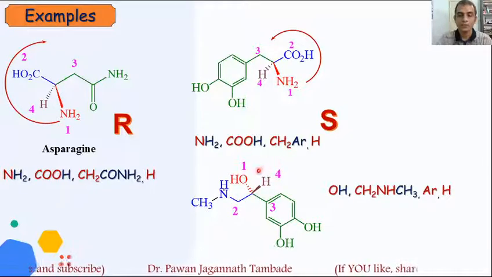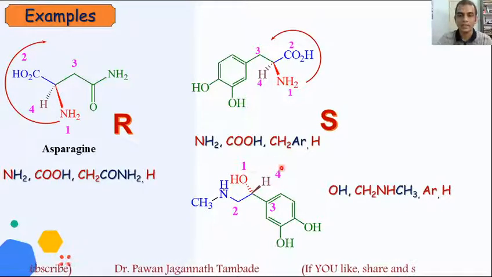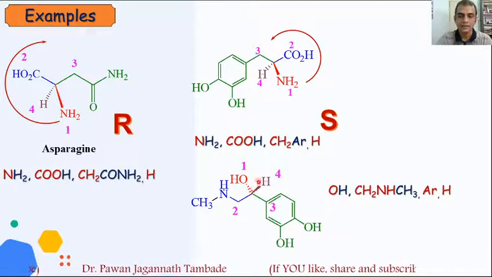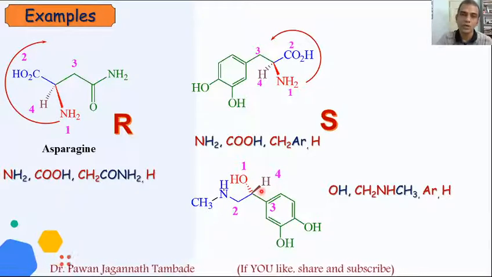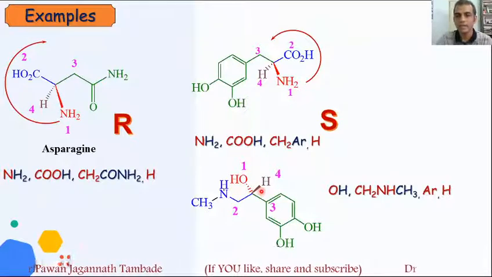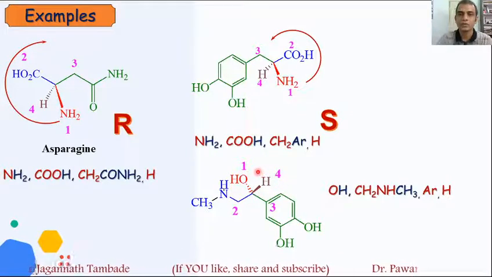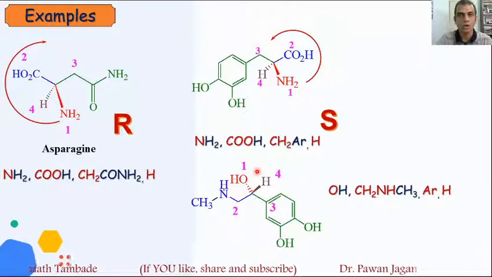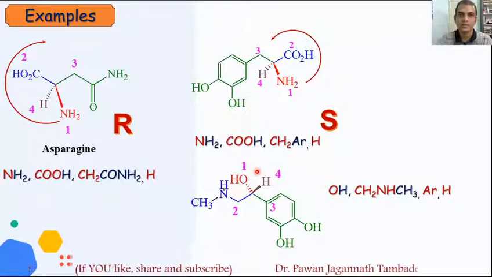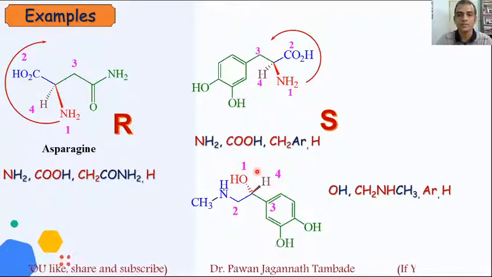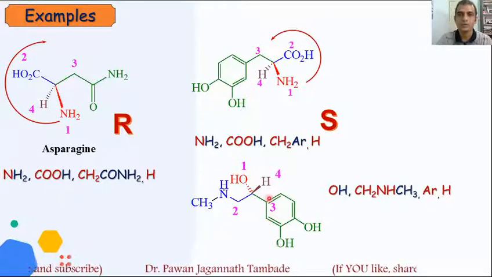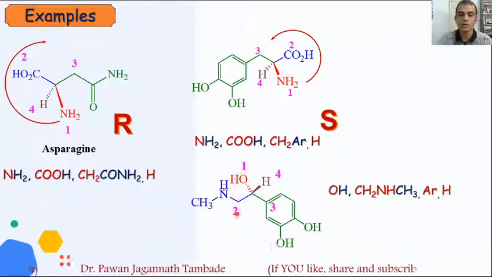If you look at the fourth priority atom or group, that is hydrogen in this case, this hydrogen is pointing towards the observer, which indicates that in this example we need to use opposite rule, or you can do it in other way by swapping the structure. But using opposite rule is quite simple as compared to swapping the structure. So we need to use opposite rule in this particular example. Now ignore this fourth priority atom or group and look at 1, 2, 3.